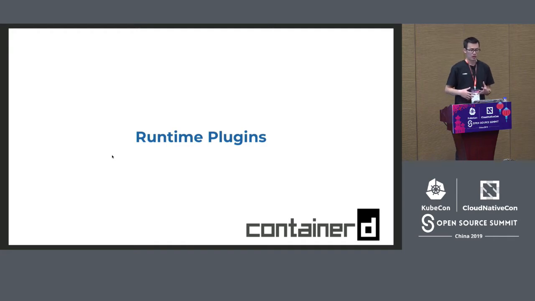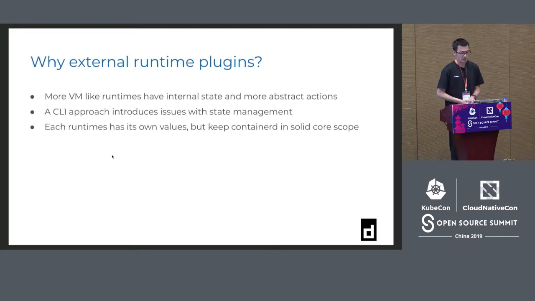And there's also the Runtime plugin. This is also a plugin. So how was it used previously? When we integrate a runtime like Kata, we would add configuration for the runtime.